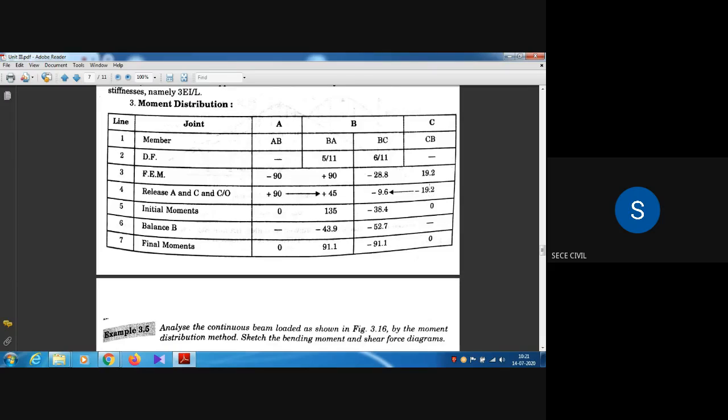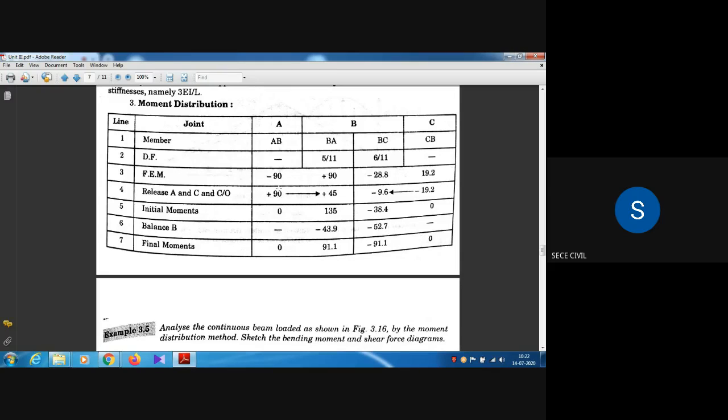We are additionally adding the moment to make that particular joint nullified. So in joint A we are applying a clockwise moment of 90 kilonewton meter, and at joint C we are applying an anti-clockwise moment of 19.2 kilonewton meter to make joint A and joint C nullified moment-wise.